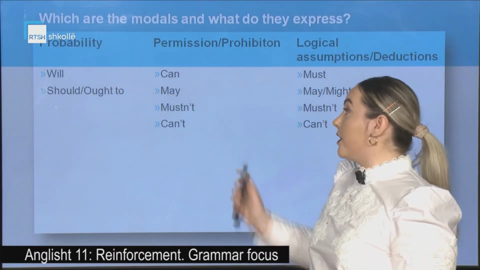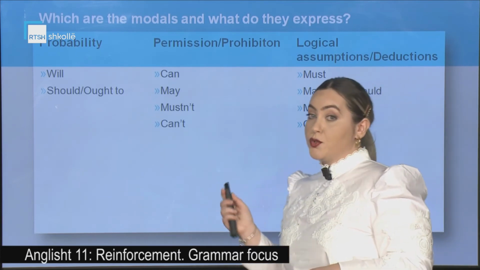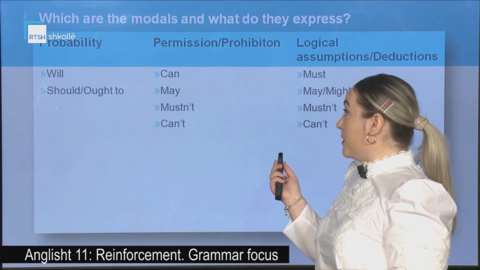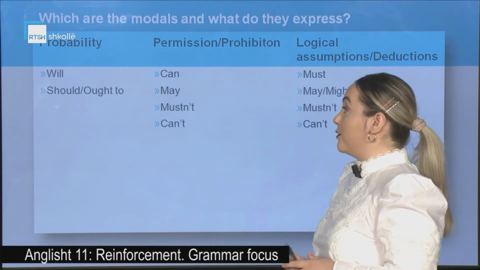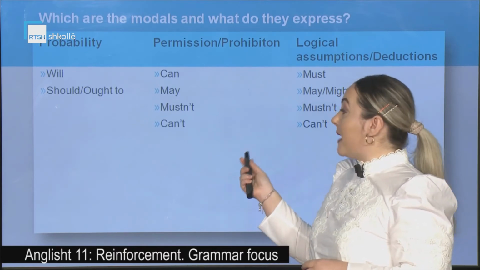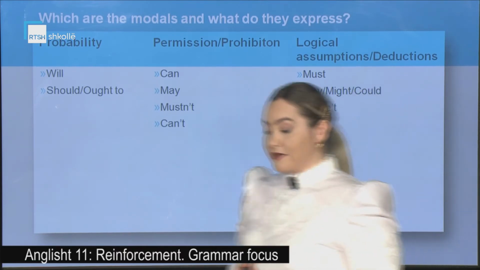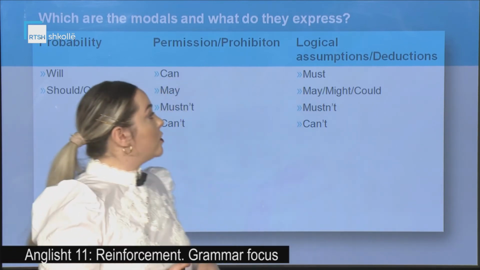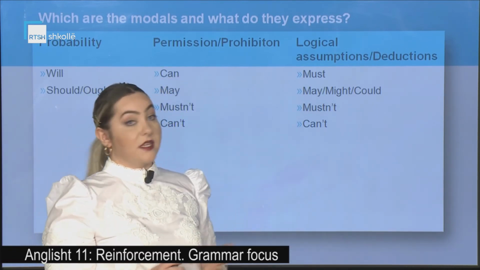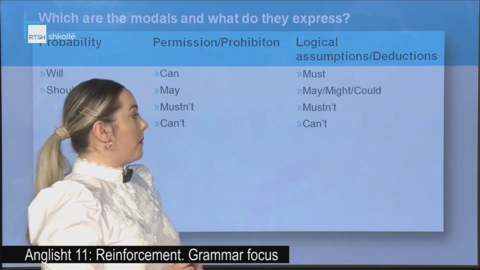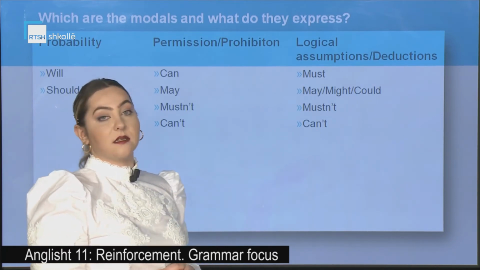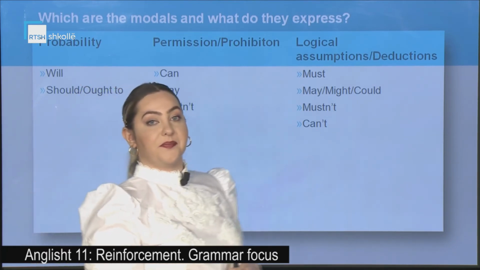For probability, we use will, should, or ought to. For permission or prohibition, we use can, may, mustn't, or can't. And lastly, for logical assumptions or deductions, we use must, may, might, could, mustn't, or can't.